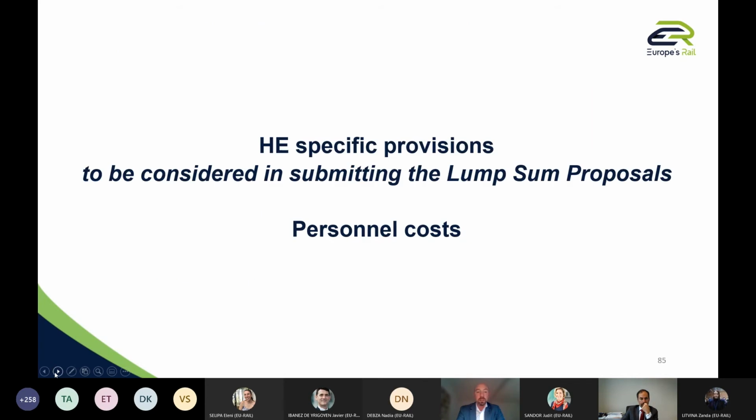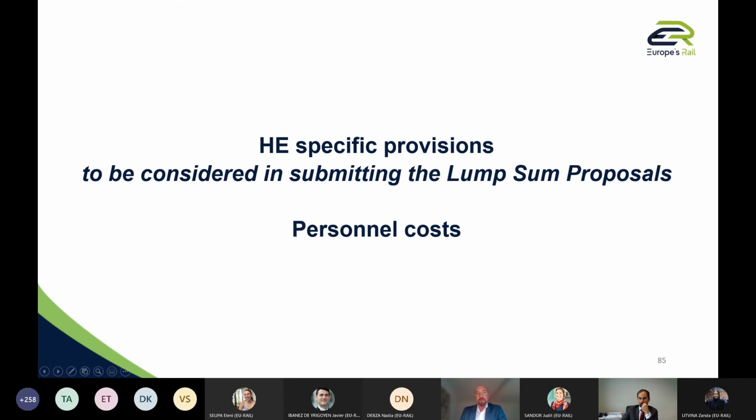Thank you. So next slide. Even though it is not considered necessary anymore once the project is in the implementation phase, as I said, you need to consider some of the specific provisions of the Horizon Europe eligibility criteria when you establish your budgets.